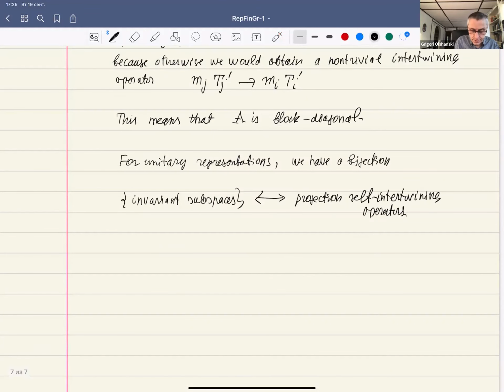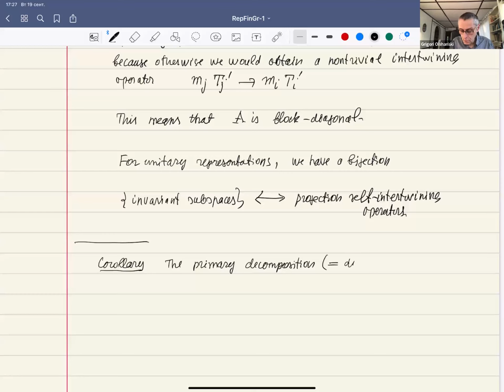The next claim is some corollary. So the primary decomposition, or in our words, decomposition into isotypical components is unique.